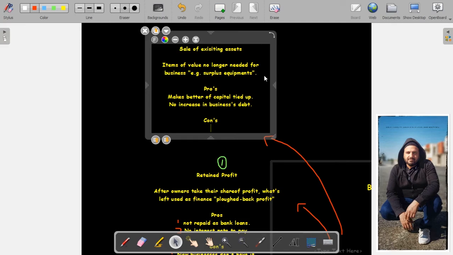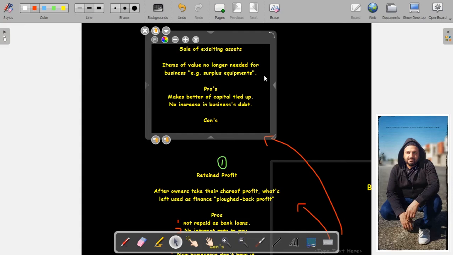And the second disadvantage is that this source of finance is not going to be available for new businesses, because new businesses do not even have surplus assets to sell.